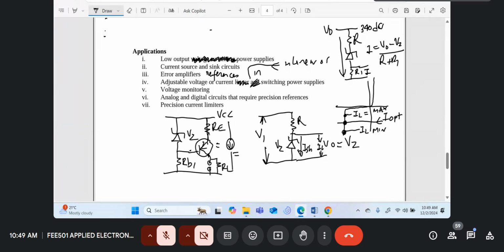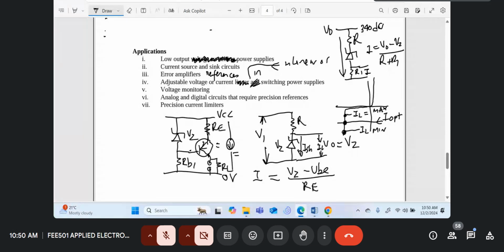So the current which will be passing through, if I put a load across the collector and the lower voltage, say let's call it 0 volts, then in general I will be equal to VZ minus VBE all over RE.